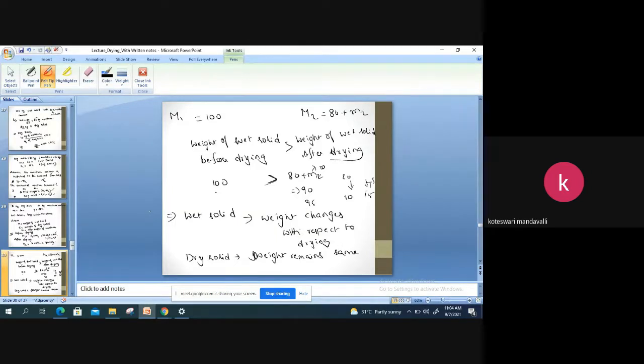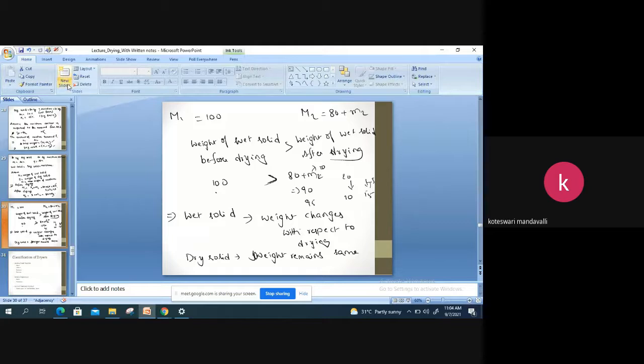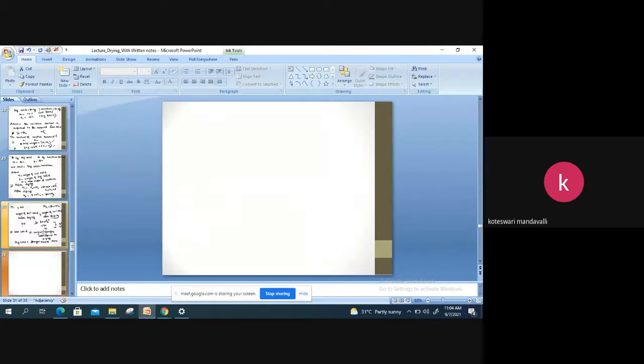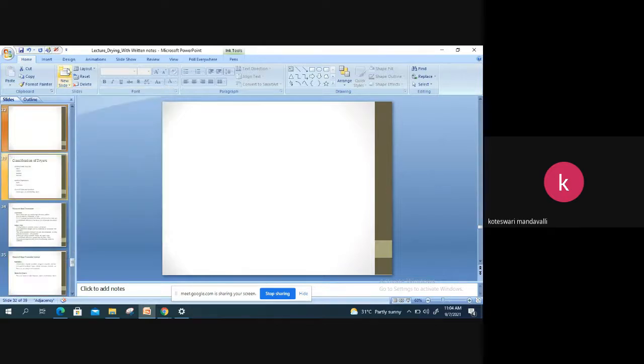Okay, so that is the advantage of considering dry basis, because you can simply calculate by taking the difference. How it is possible, you just see now.